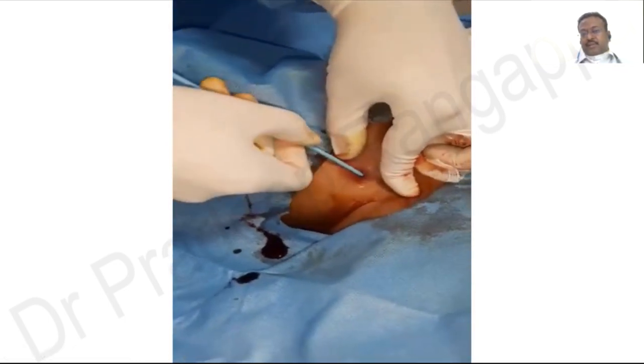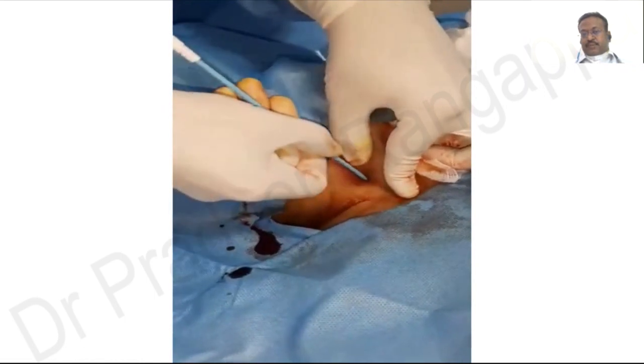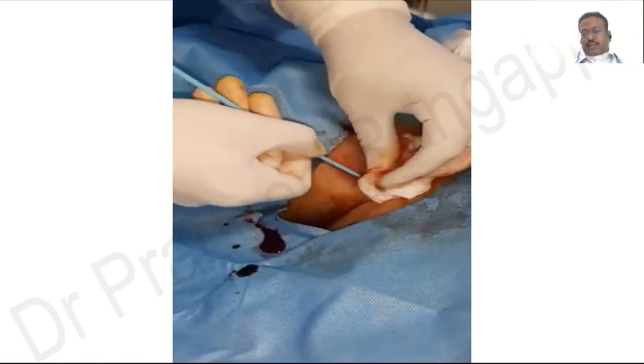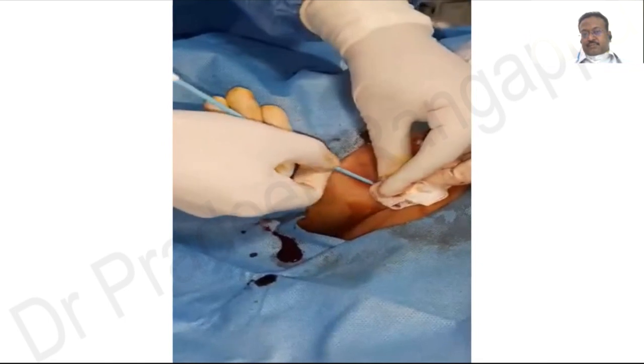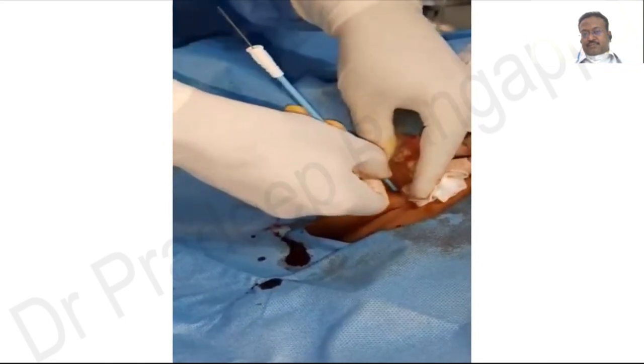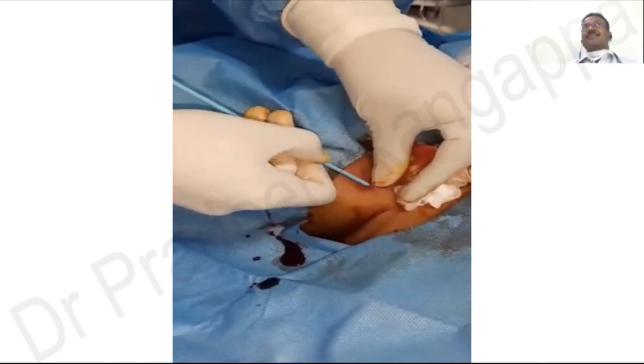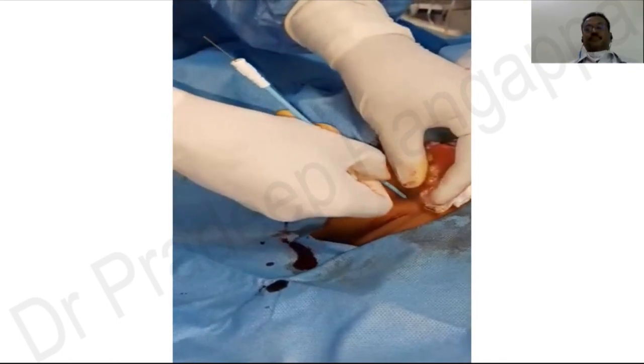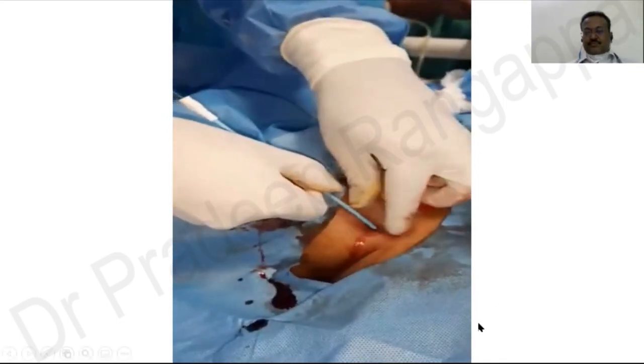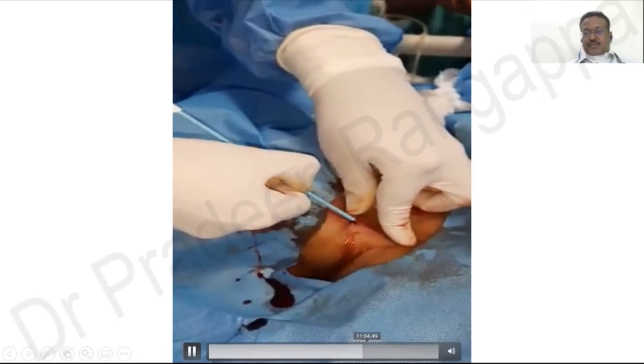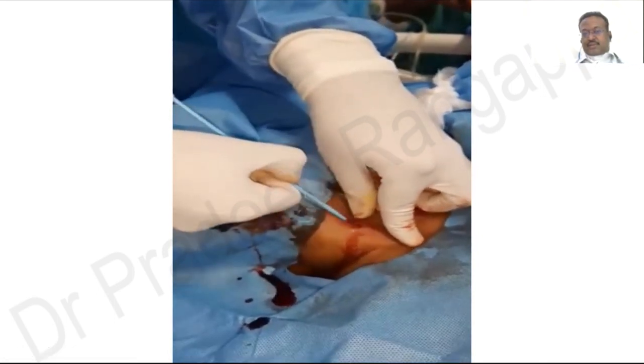As you see, there is a dilator which is being passed. So he has some resistance, but he'll get it through.